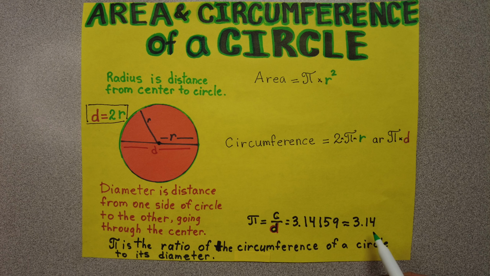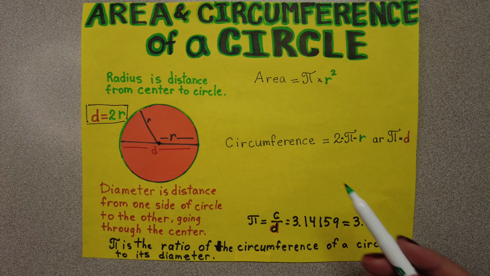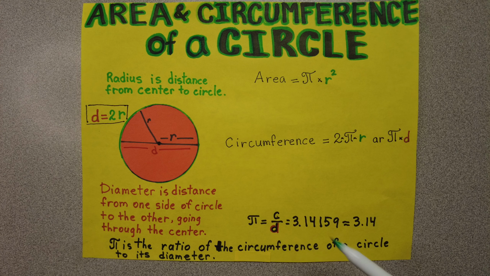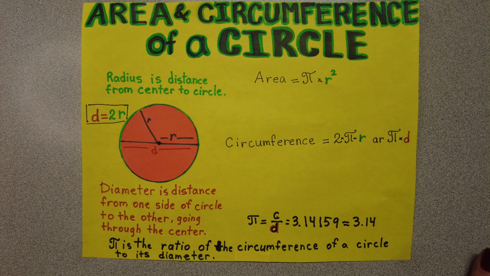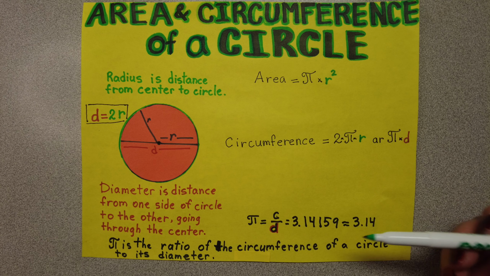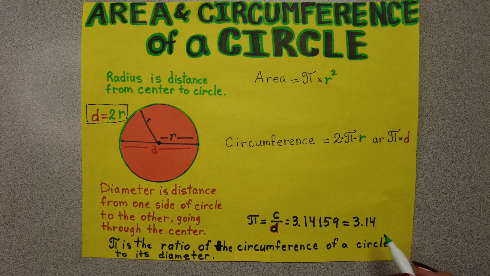So this is the pi constant. We use this everywhere when we count the area or circumference of a circle. Also pi is used in many math problems. Later we're going to do trigonometry and other problems. We will use pi as 3.14.